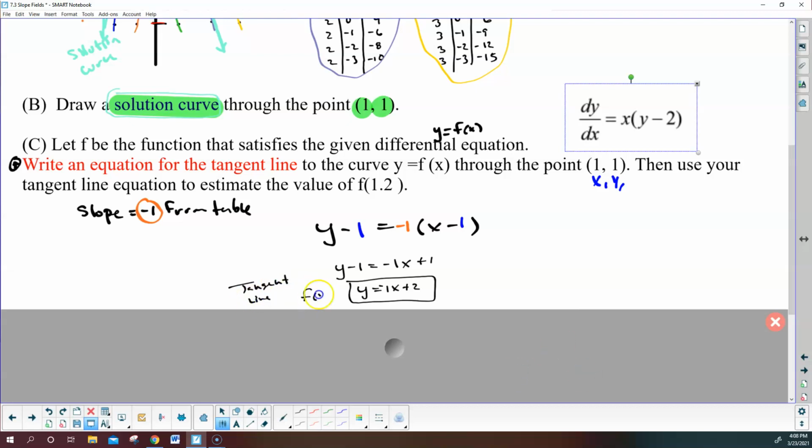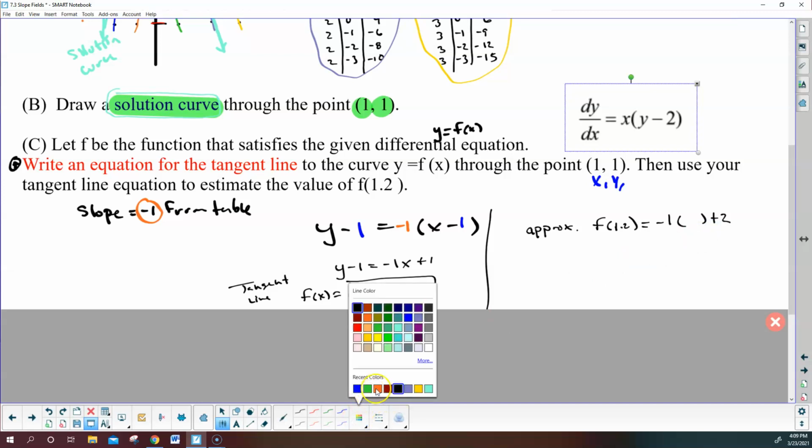Remember, that's roughly equal to the function itself. They told us that above. So I want to approximate or estimate f of 1.2. Well, all I'm going to do is take my tangent line, and we're going to plug in 1.2.